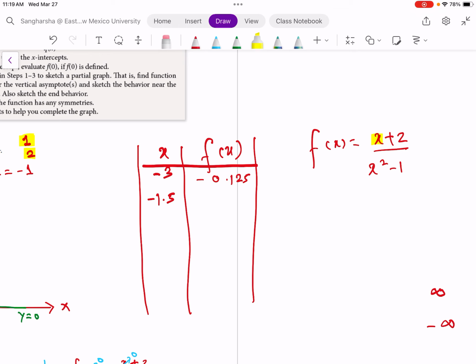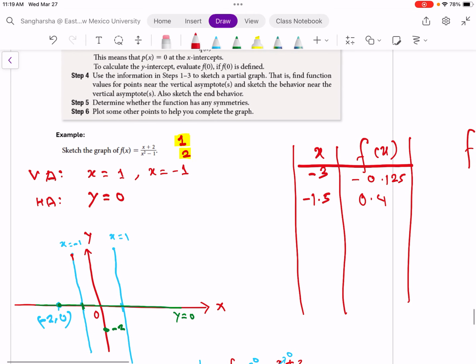So 0.5 divided by 1.25, we get positive 0.4.